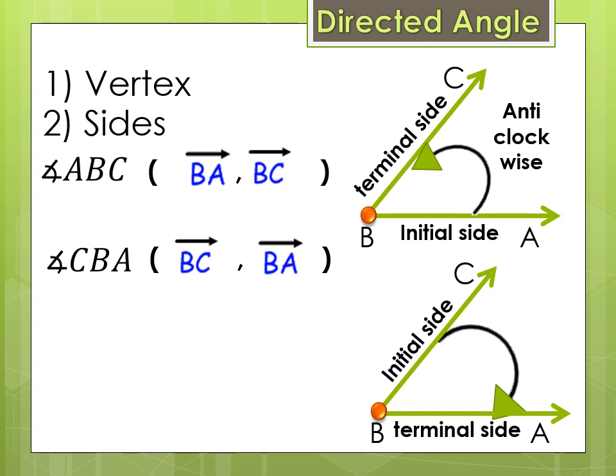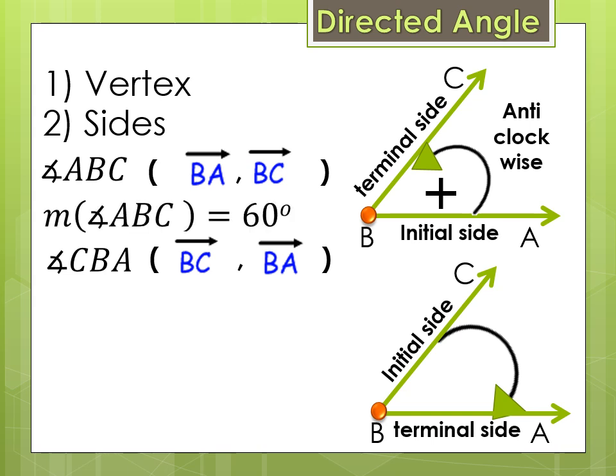But here, in the first shape, the initial side is constant, it does not move, but the other side, the terminal, is moving. The moving can be in the direction of anticlockwise, and the second moving clockwise.